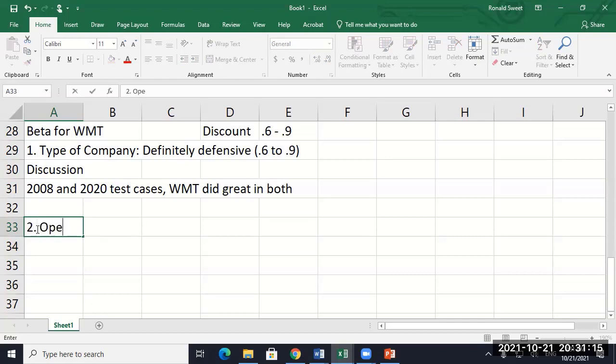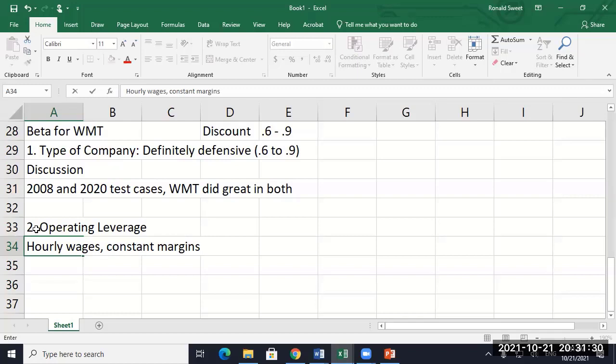The second one is operating leverage. Here I'm going to argue hourly wages, pretty constant margins. That's going to argue to me lower beta, lower range. So you see kind of how I do this.